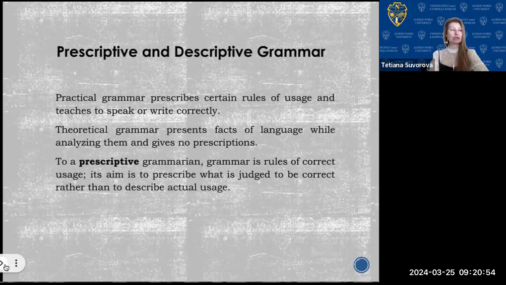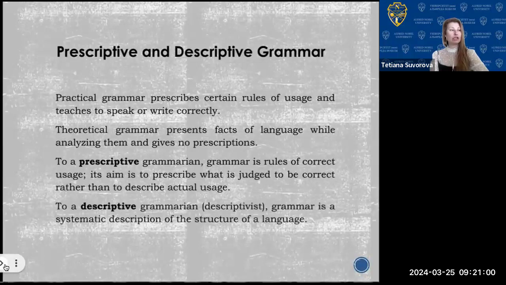And for example, prescriptive is a particular set of rules based on some theoretical approach.